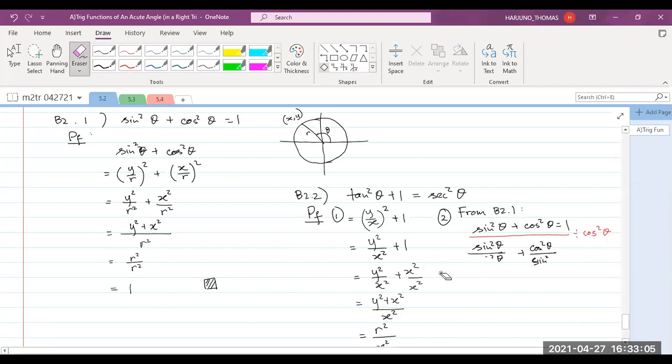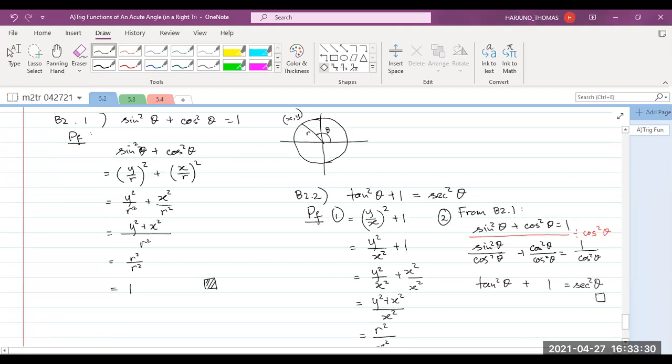Divide by cosine squared theta instead. Equals 1 over cosine squared theta. But sine squared theta over cosine squared theta is tangent squared theta, plus 1 equals secant squared theta.